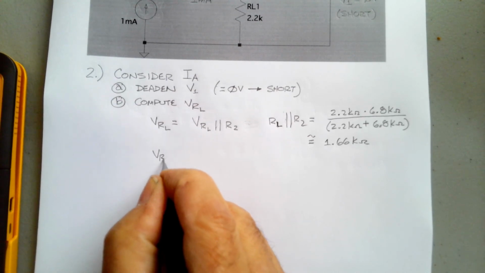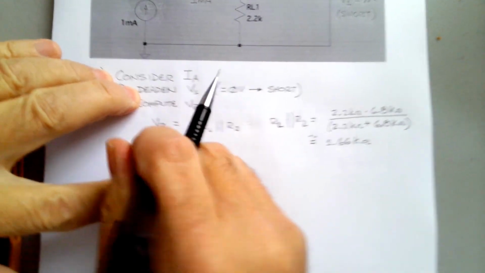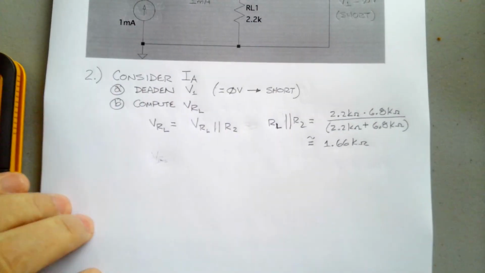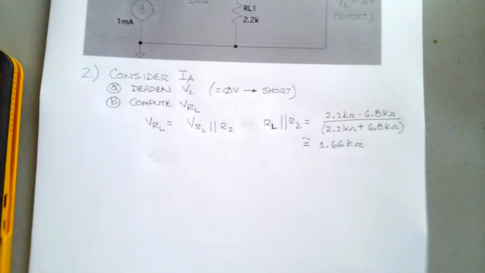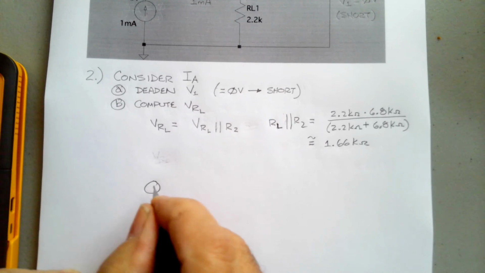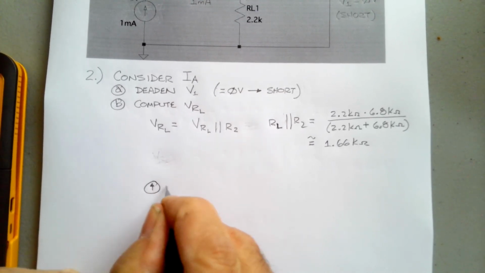Well, if I have 1.66 K ohms, then for VRL, let me redraw it just to be more convincing here. I will now have a 1 mA current.